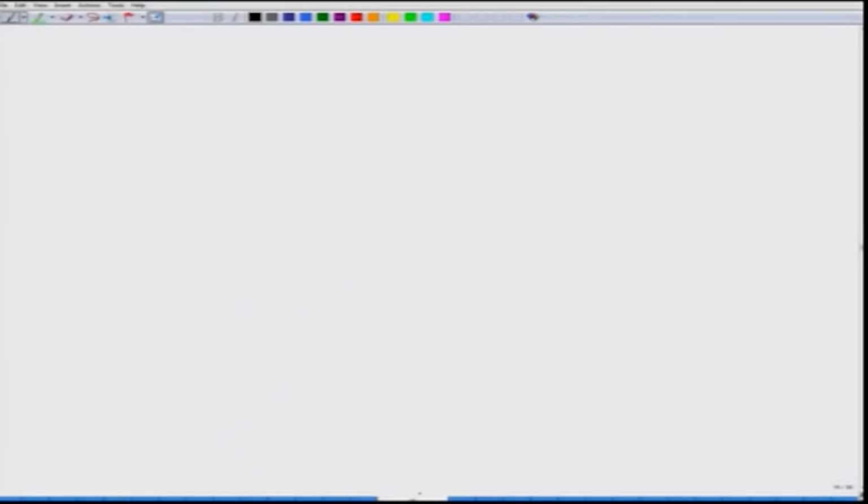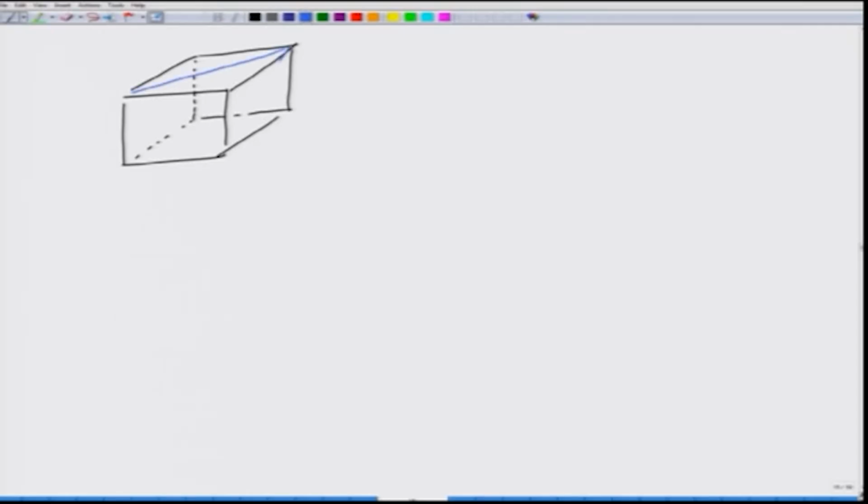So, I will draw the cube and the plane again. This is the cube. This is the plane we are talking about, A, B, C, and this is the diagonal, right. This is my origin, this is my x axis, this is my y axis, this is my z axis.